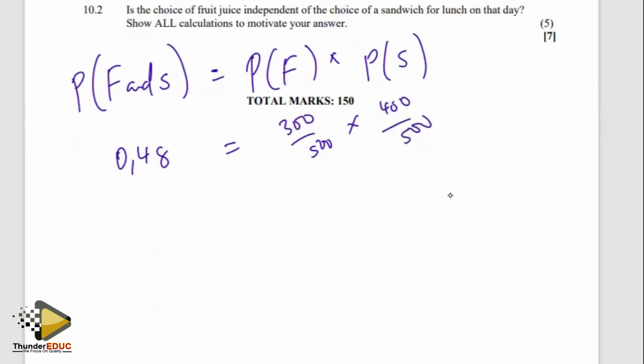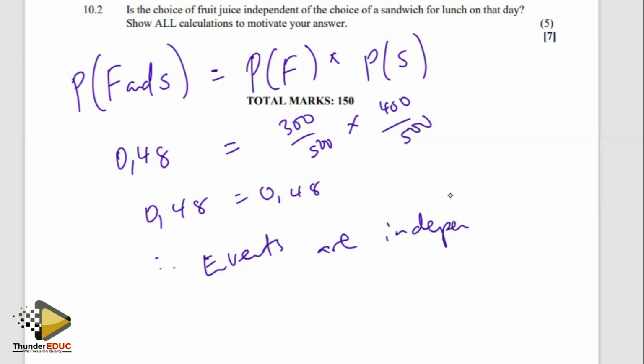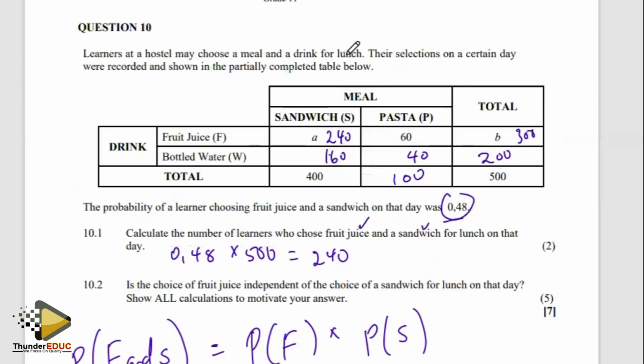So on the right-hand side, I'll have 12 over 25, which is a 0.48. Okay, so we know that the left-hand side is equal to the right-hand side. So in this case, we're saying that events are independent.